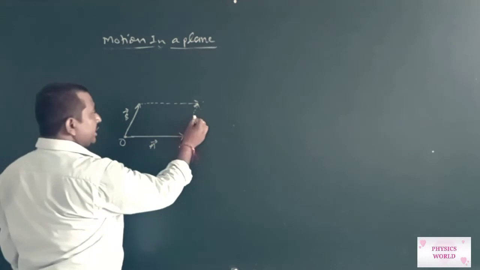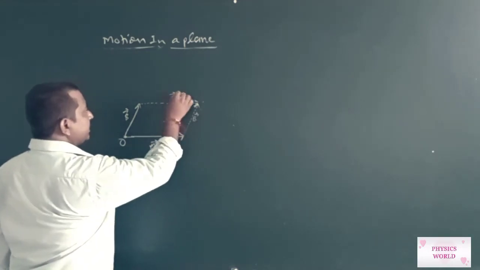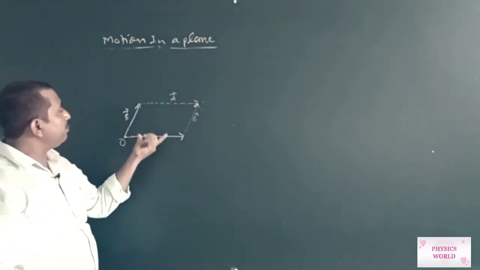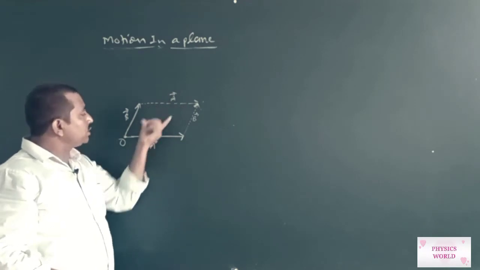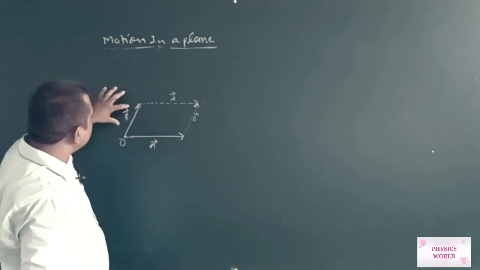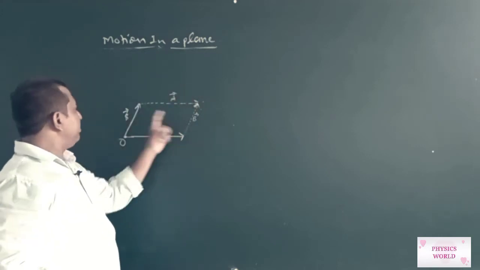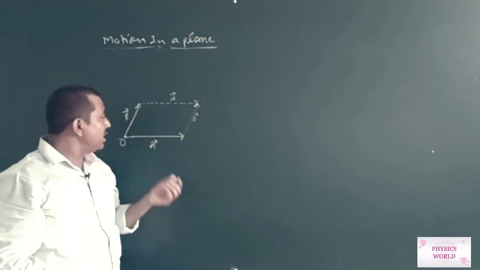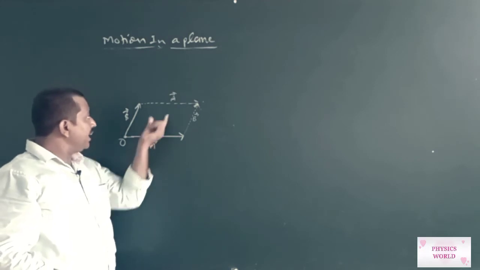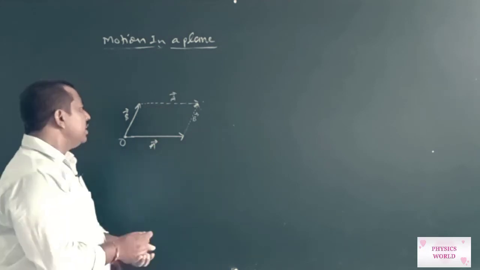This vector can be treated as vector B, and this one as vector A, because they have equal magnitude and the same direction. So these two vectors B and B are equal vectors, and these two A and A are also equal vectors.